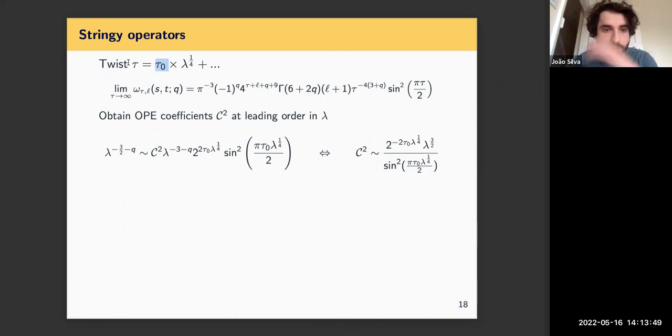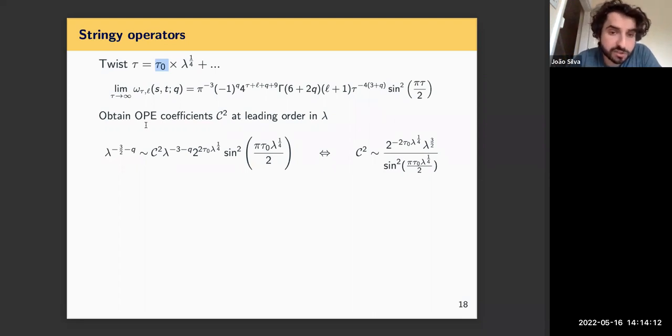So consider these operators with twist starting at lambda to the power 1/4 plus corrections. And so the twist is very large, so we need to exploit our functional for when the twist is very large. And it turns out that when the twist is very, very large, the functional obeys this formula that you see here. This is something that we can calculate.